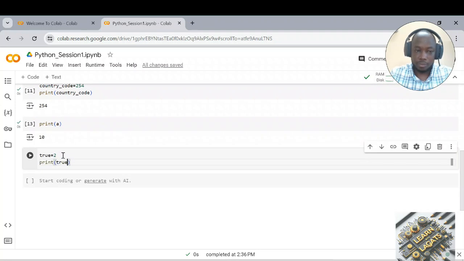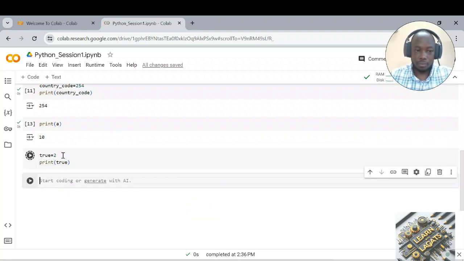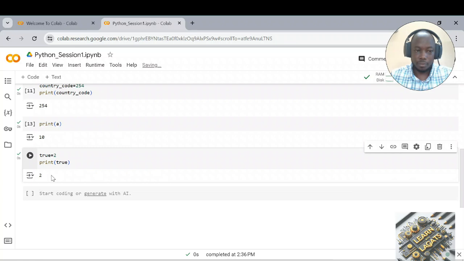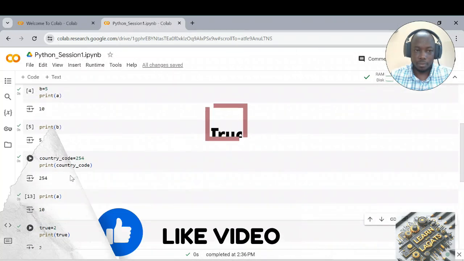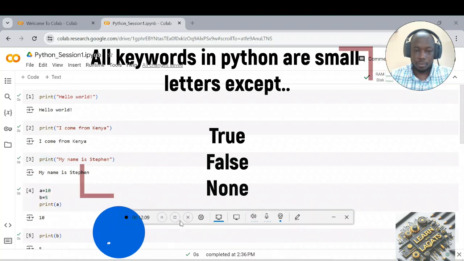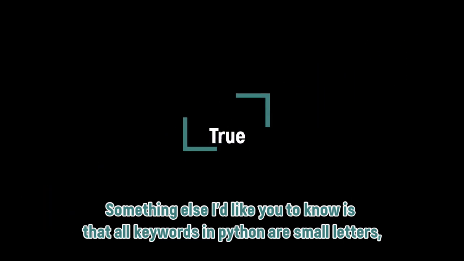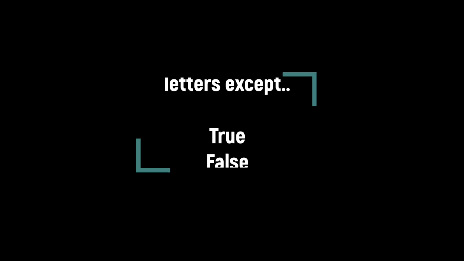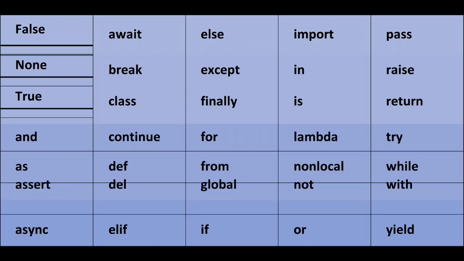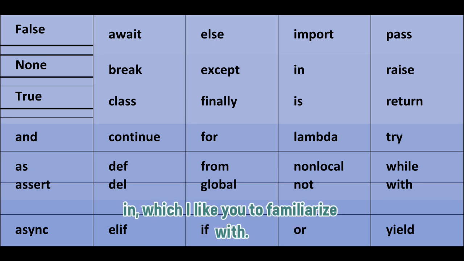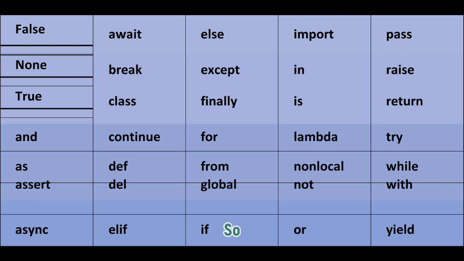Print true. Something else I would like you to know is that all keywords in Python are small letters, except True, False, and None. Python has about 35 keywords which I'd like you to familiarize with so as to avoid errors when you attempt to use a keyword.